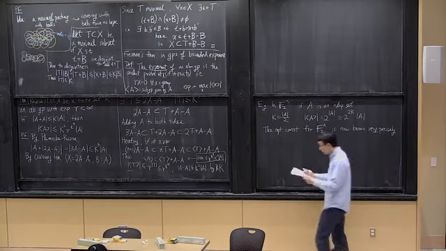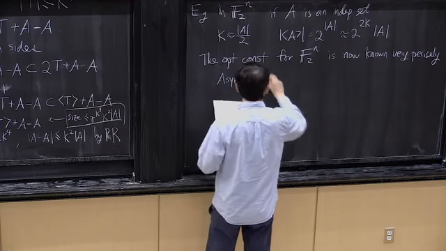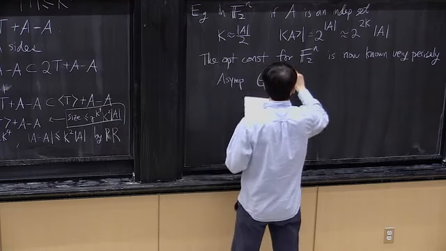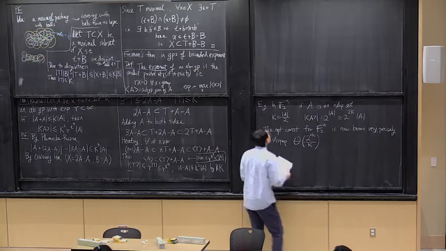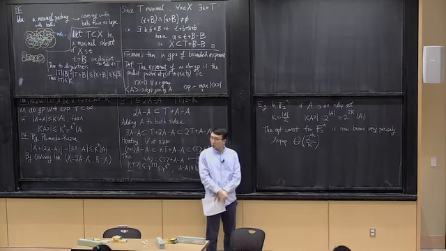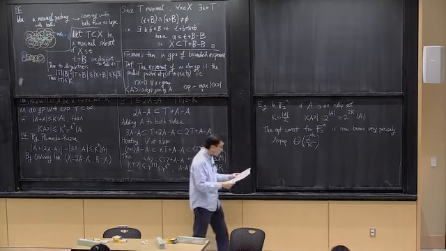But asymptotically, it looks like 2 to the 2k divided by k. So that's what it looks like. So this example is basically correct.